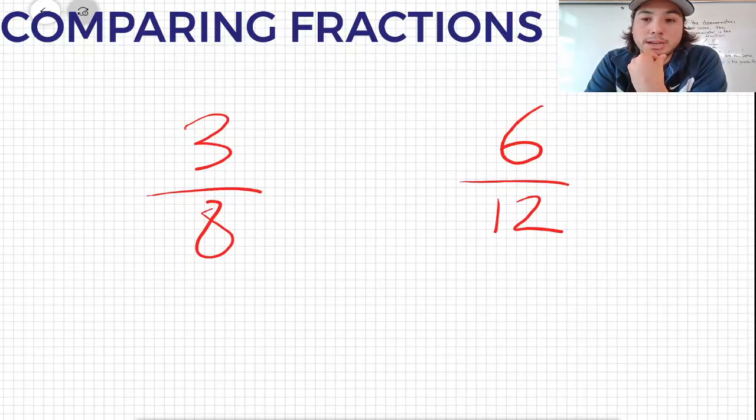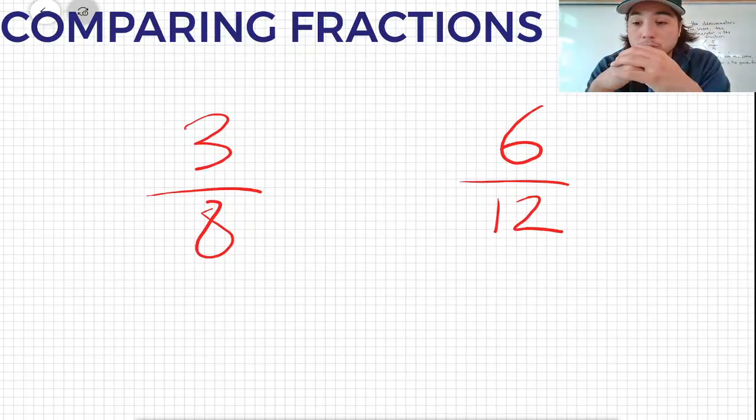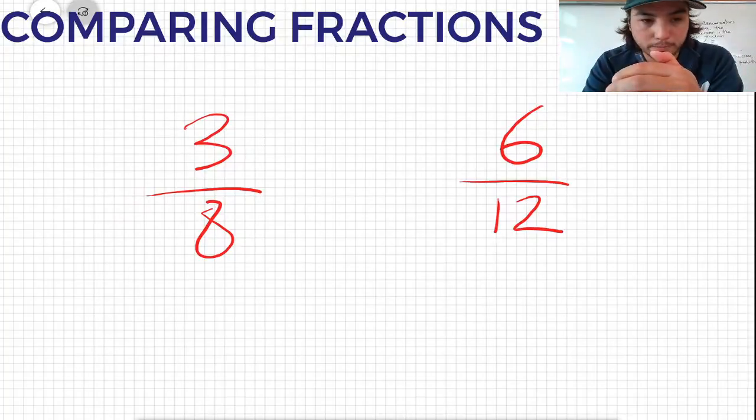And I'm looking on top and I see our 3 and our 6 pretty closely related, right? You could either multiply that 3 times 2 to get 6, or you could divide that 6 by 2 to get 3. I'm going to do it the multiplication way first. Then I'll show you the divide way.